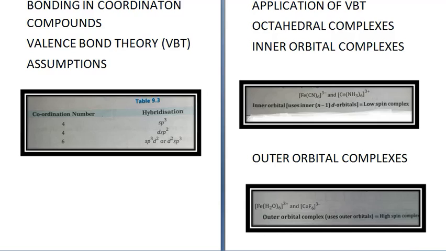It is called outer orbital complex because we have large number of unpaired electrons, and hence it is also called as high spin complex. For example, Fe(H2O)6 3+ and CoF6 3-. So outer orbital complex is using outer orbitals, hence it is called as high spin complex. Let us take a few examples to understand this.